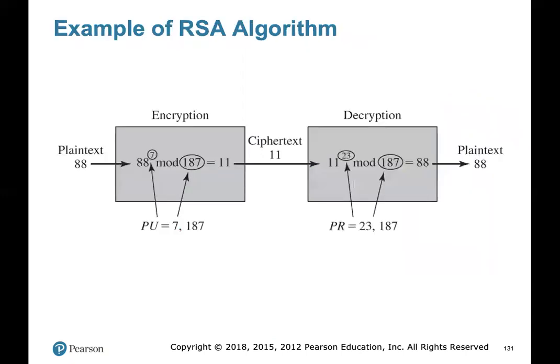Okay, now let's see examples I mentioned. The first example here, we have the plain text 88, and we have the public key 7 and 187. And here our private key is 23.